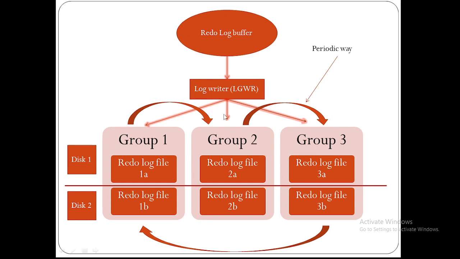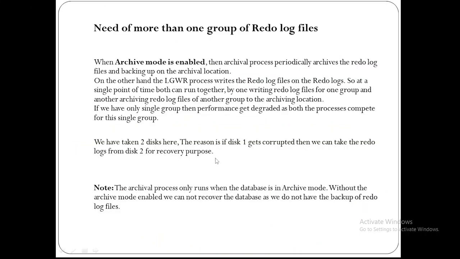If the archival process and the log writer process were both sharing the same group of redo log files, they would get into a situation where one process needs to wait while the other is writing or archiving. With multiple groups, both can run together at a single point in time: one writing redo log files in one group, and another archiving the redo log files of another group to the archiving location.